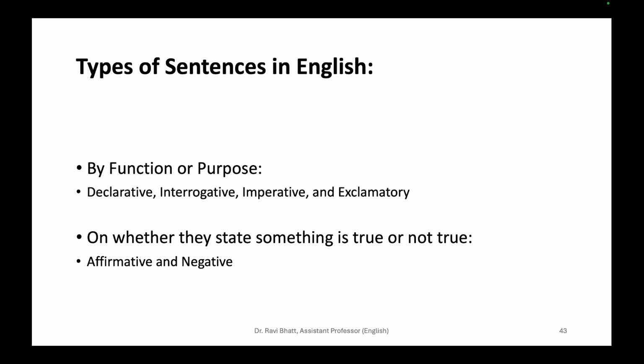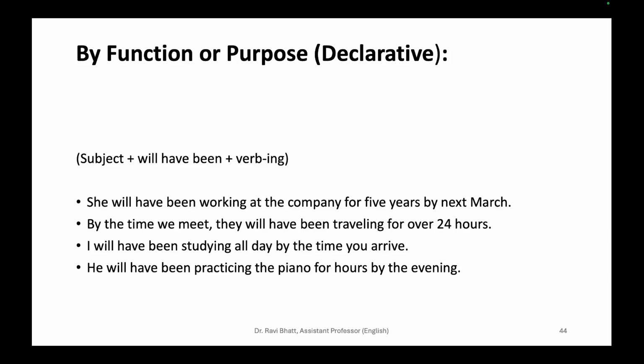Now, like we've discussed some of the types of sentences in English, let's again put this variation into different types of sentences so as to clarify how to use the future perfect continuous tense. Now, by function or purpose, declarative: subject plus will have been plus verb in ing form.